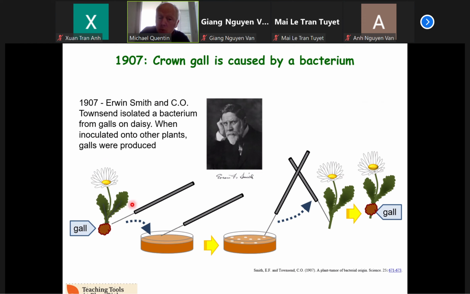And they were able to grow the bacteria in vitro on a medium, and they showed that if they inoculated a healthy plant again with this bacteria, this plant was soon showing typical symptoms of the infection, and those symptoms are galls. So they were able to isolate from galls a bacteria that was directly responsible for the formation of the galls.